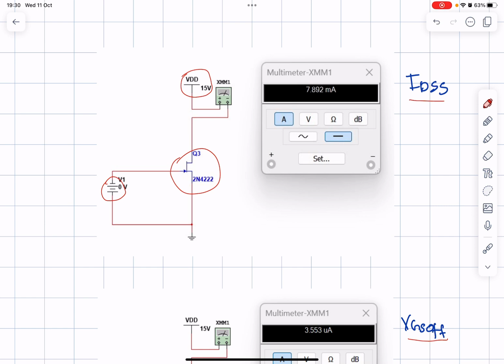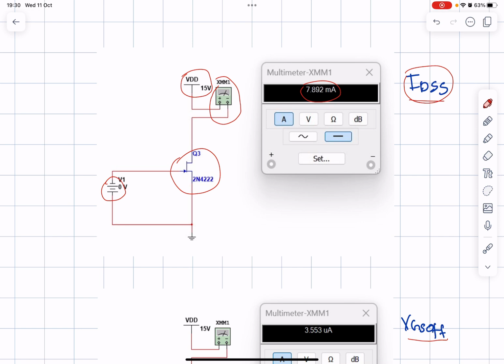In order to check the drain current and obtain IDSS, I connect an ammeter to the drain. From the supply to the drain, you need to connect in series. From this configuration, I already obtained the IDSS, which is equal to 7.892 milliampere.